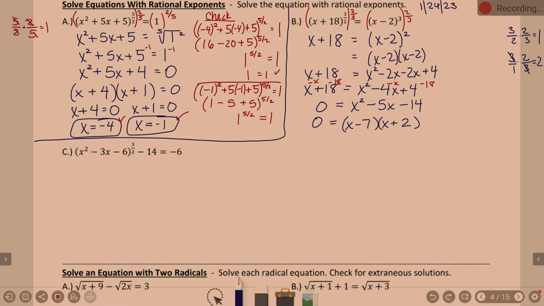So negative 7, positive 2 will do the job. Set each part equal to 0. And we get solutions of, add the 7, you get 7. Subtract the 2, you get negative 2. But you're not done. One of them doesn't work. I learned my lesson. Okay.